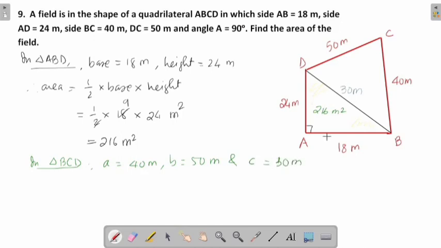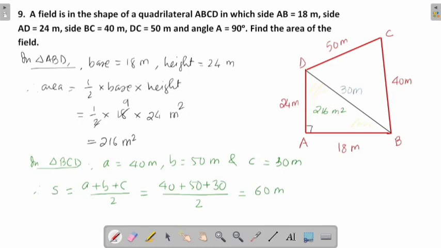Therefore your semi-perimeter S will be (A plus B plus C) by 2. A is 40, B is 50, C is 30, divided by 2. So add them up: 80, 120, 60. You get 60 meter to be your semi-perimeter S.